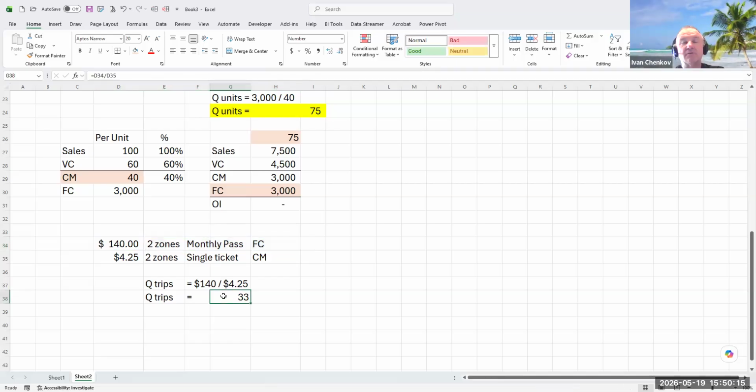If you're riding the SkyTrain less than 33 times per month, you better stay on the single ticket, because you're going to pay less. If you ride more than 33 times, then the monthly pass definitely makes sense. That's how you can use this contribution margin idea. Make sense?